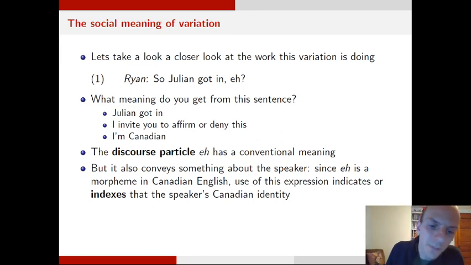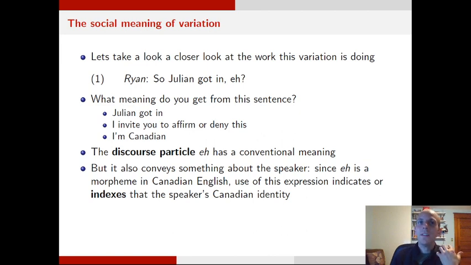And this brings up a very important concept, which is called indexicality. Indexicality is that the use of these different linguistic variants, the use of linguistic structures in variation, has the power to associate or connect people with social categories. That's the basis of sociolinguistics.